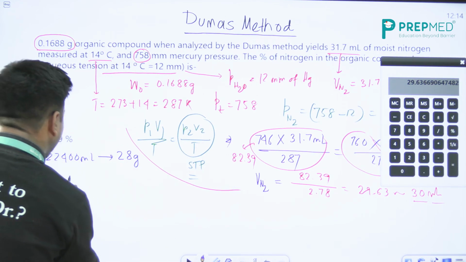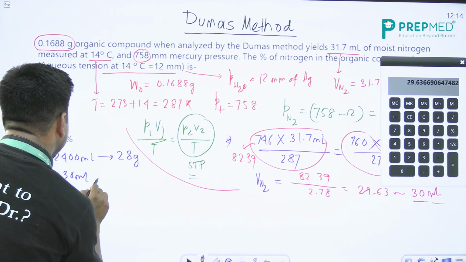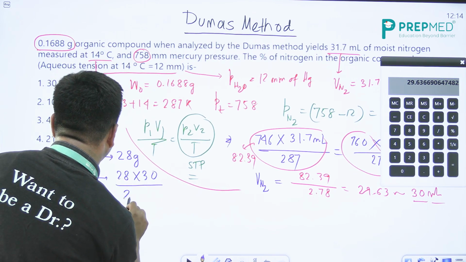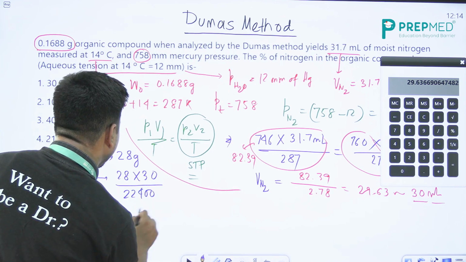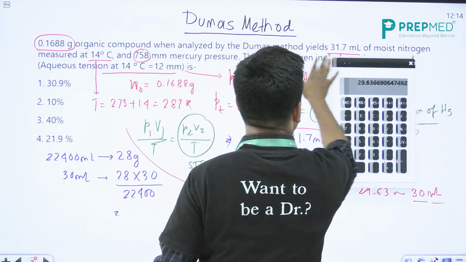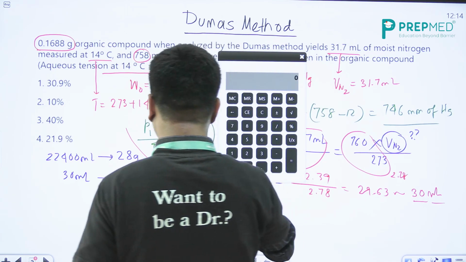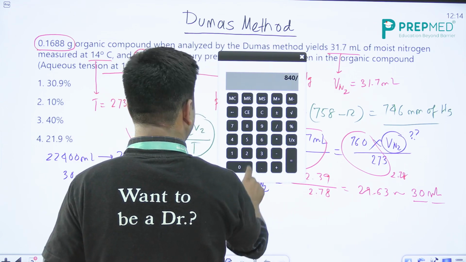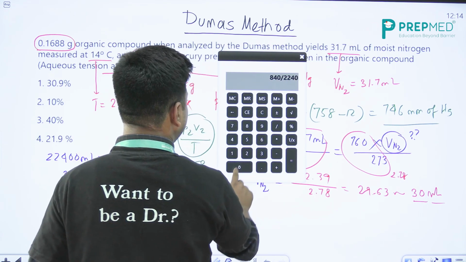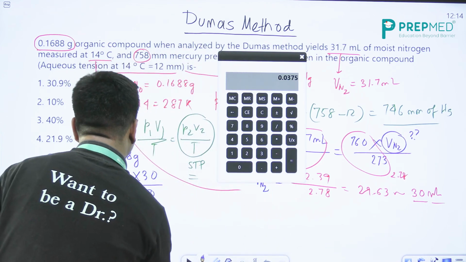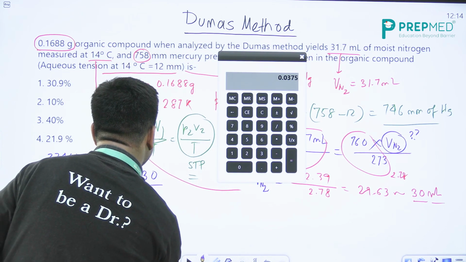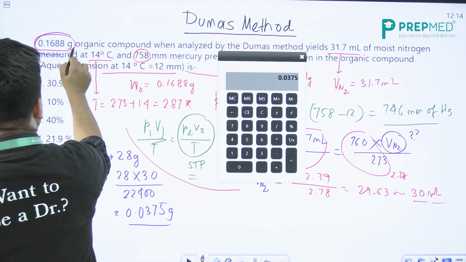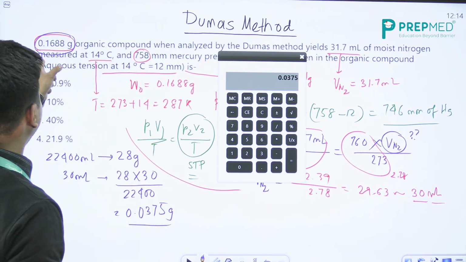Okay, so your 30 ml is equal to 28 multiplied by 30 divided by 22400, तो यहाँ पे आएगा 0.0375 ग्राम.